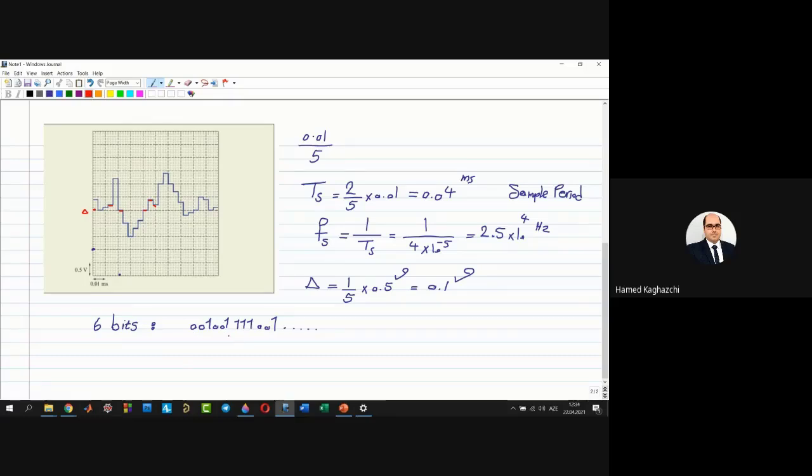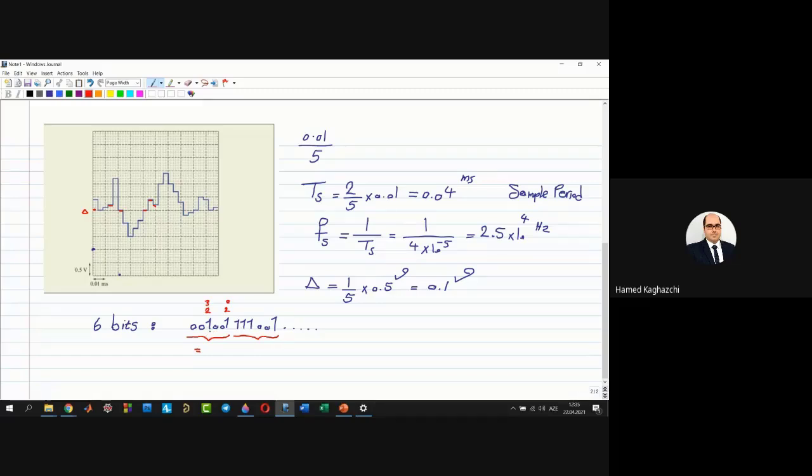First of all, I divide my digital signal into 6-bit groups and then calculate this value. What is this value? 2 to the power of 0, 1, 2, 3. The rest of these values are equal to 0, so I don't need to calculate them.